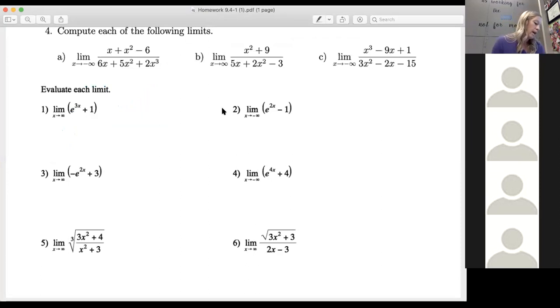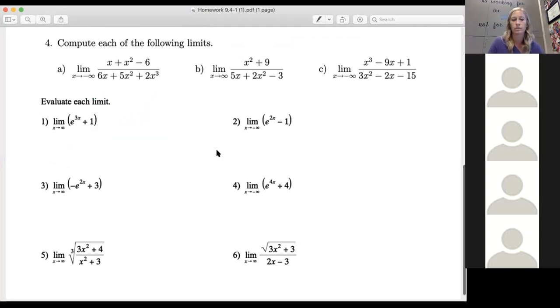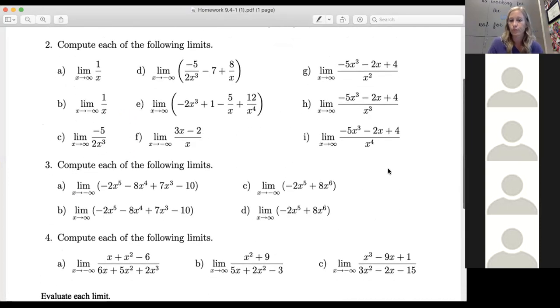On 2G, I know it was bigger on top. That would make it none. So would it be -infinity because it's an odd exponent and there's a negative in front?